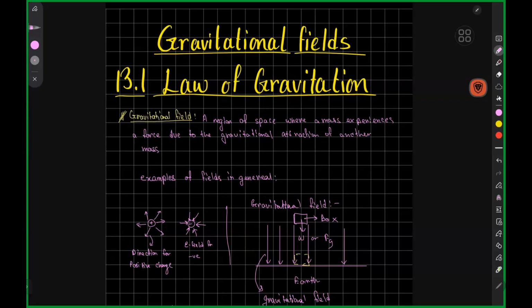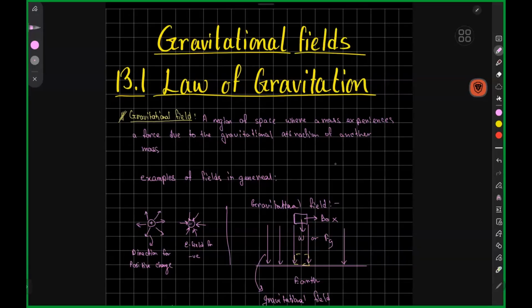Now, when we specifically want to talk about gravitational field, things are way more specific, right? In case of a gravitational field, the force felt on any object in any space is due to the mass of some object.